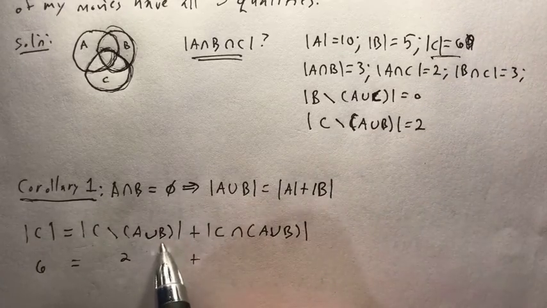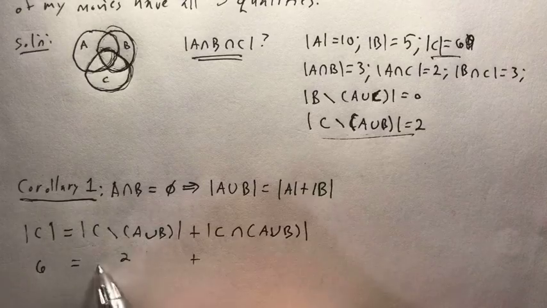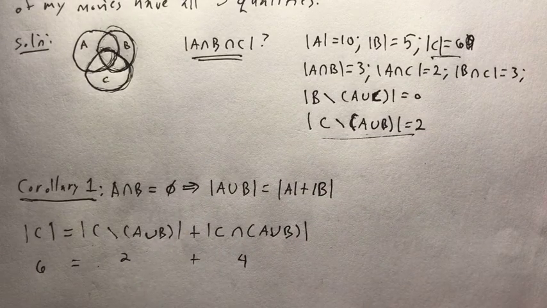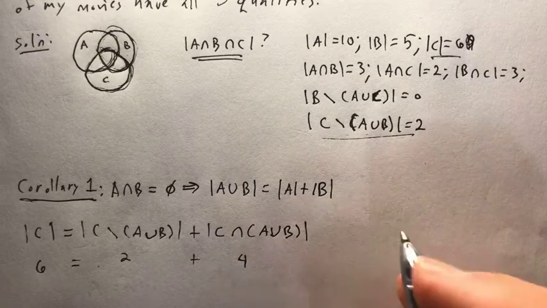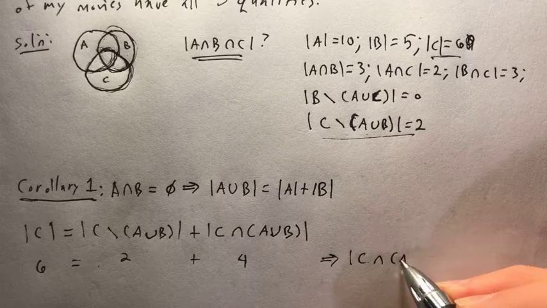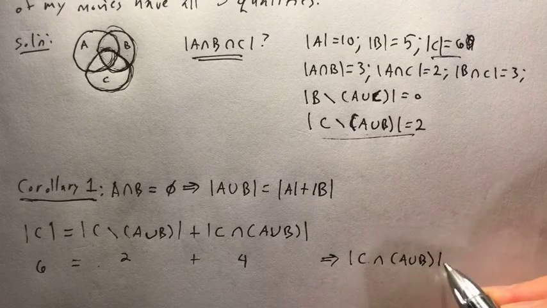I know the size of C minus A union B is 2. So 6 equals 2 plus what? Plus 4. So this tells me the size of C intersect A union B equals 4.